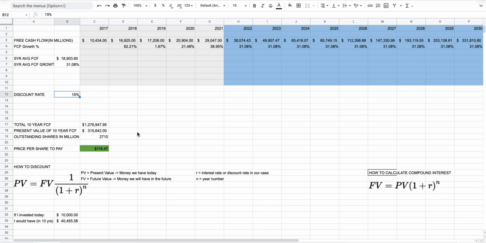And so this effectively means that according to this model, if things follow from 2022 till 2030 and a scenario of that sort happens, then if we invested $10,000 today, we're going to be getting 15% interest a year.